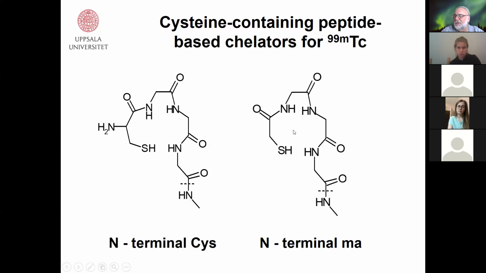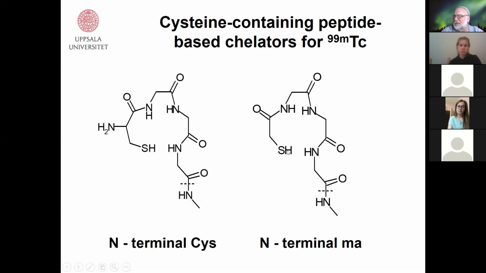Because if we form technetium in the middle of the complex, in the case of mercaptoacetyl, technetium forms a number of 5-member cycles: technetium and S, C, C, N, and technetium.